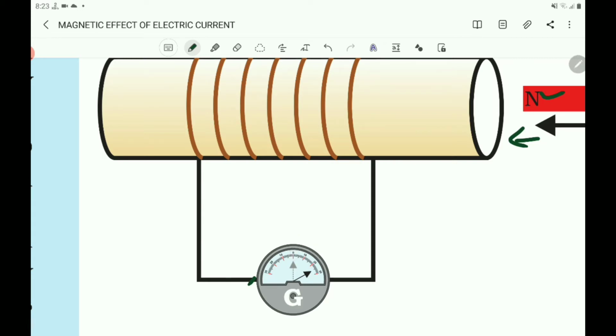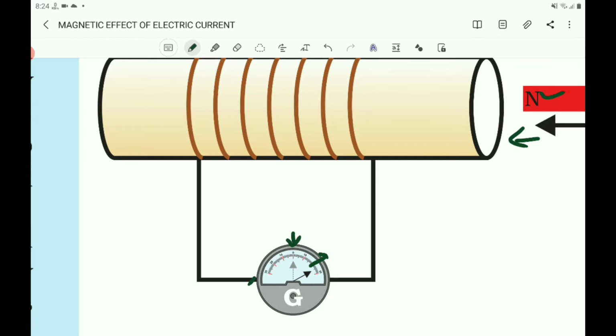Initially it was here. When the magnet moves towards the coil, it deflects towards the right side of the original position. So there is a momentary deflection in the needle of the galvanometer to the right. This indicates the presence of current in the coil AB.